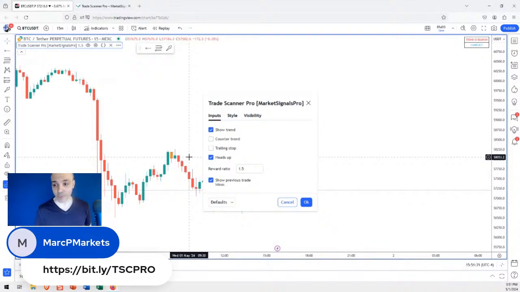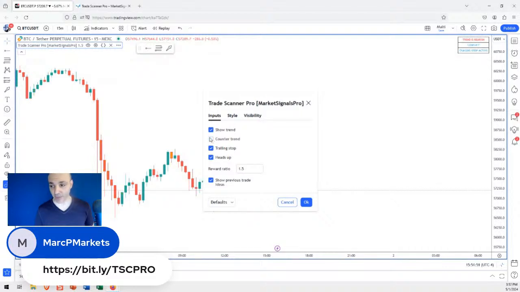So it paints the candles orange. You can change that color, but that means a signal is likely to follow very soon, over the next few candles. That's why it's called Heads Up. That's really valuable. I don't recommend taking trades on that, but when I'm very aggressive, I do, and let me tell you, it gives you some good prices. It has a trailing stop feature, and then, of course, there's counter trend.